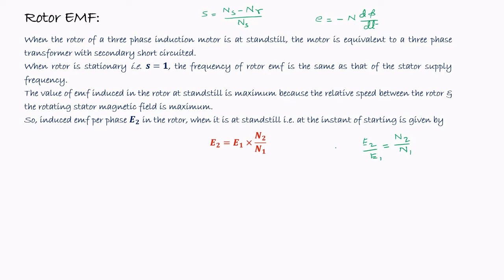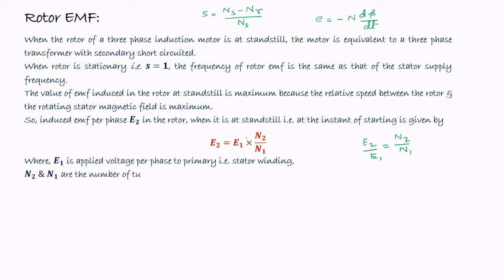Here primary means the stator circuit and secondary means the rotor circuit. Therefore, the EMF induced in the rotor circuit during standstill condition can be easily found by using this relation, where E1 is the supply voltage to the stator winding per phase, and N1 and N2 are the number of turns per phase in the stator and in the rotor respectively.